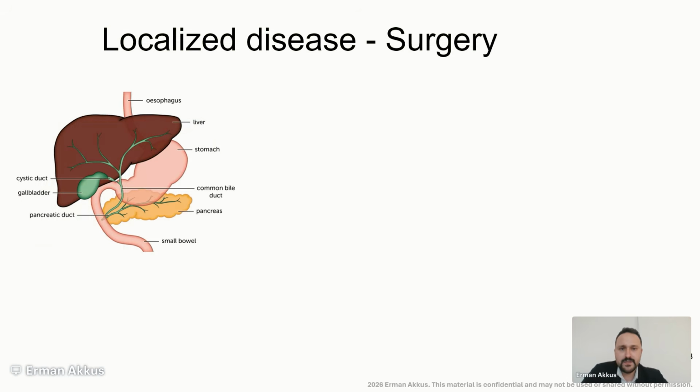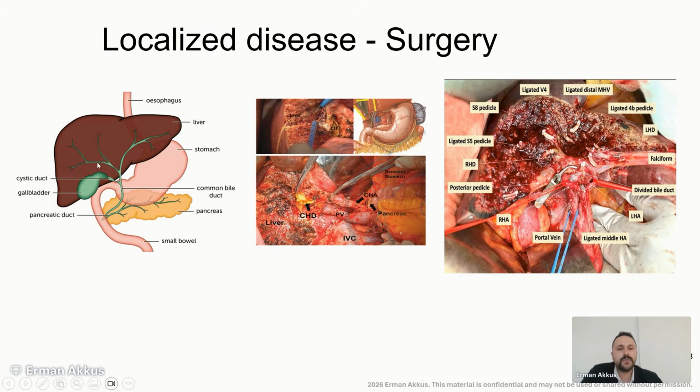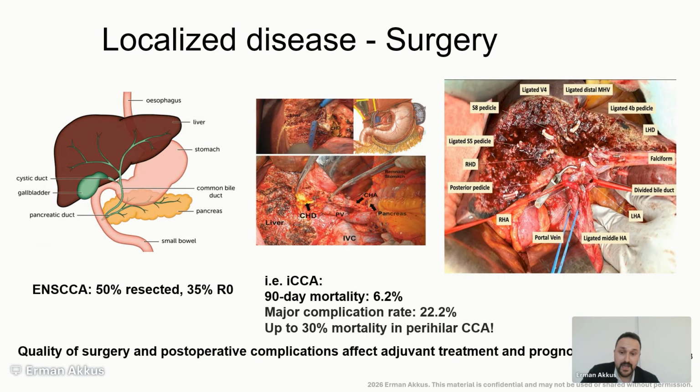For the localized disease, the treatment is surgery. When we look at these figures, it's generally easy to say that it's intrahepatic, gallbladder, and extrahepatic perihilar. But as we see in the presentation of Dr. Agrawal, it's a very complex anatomical region, and the surgery is not easy, so it should always be done in expert centers.